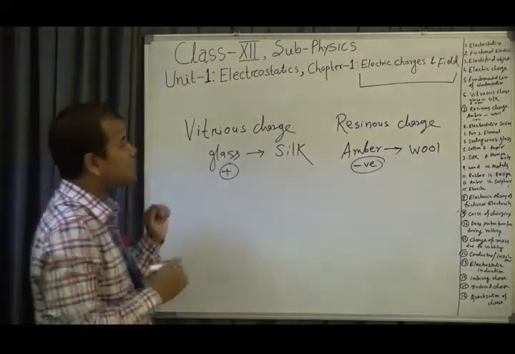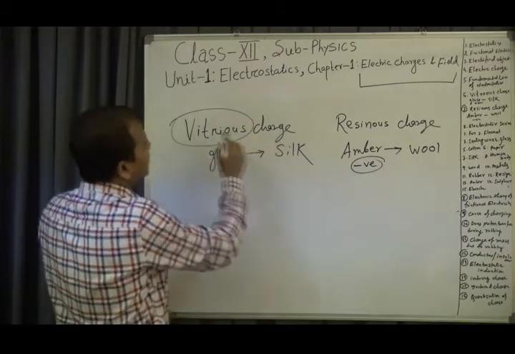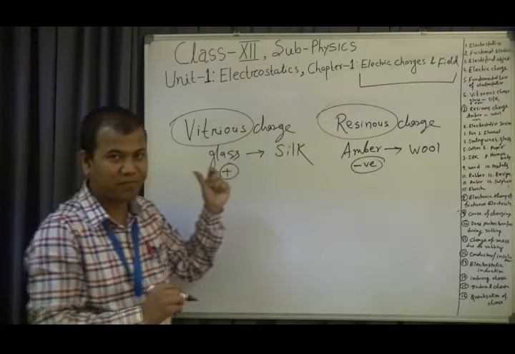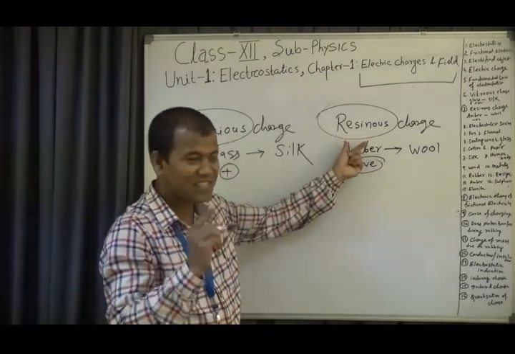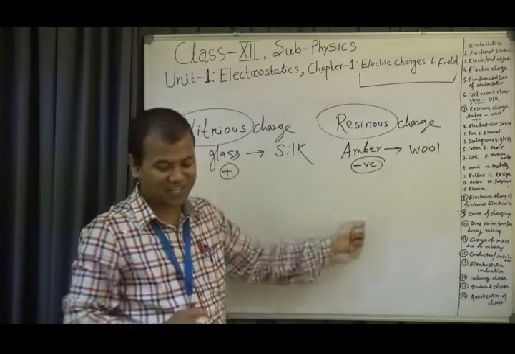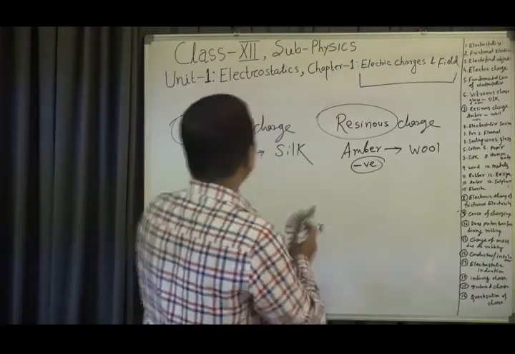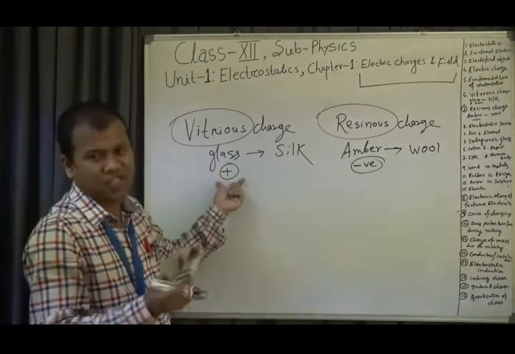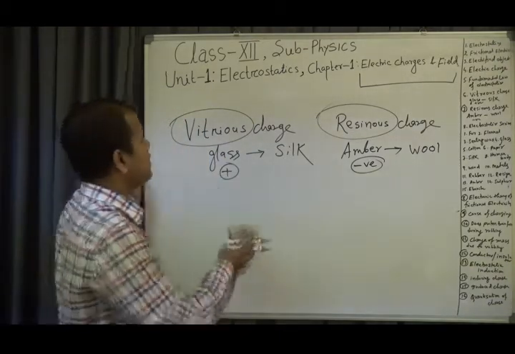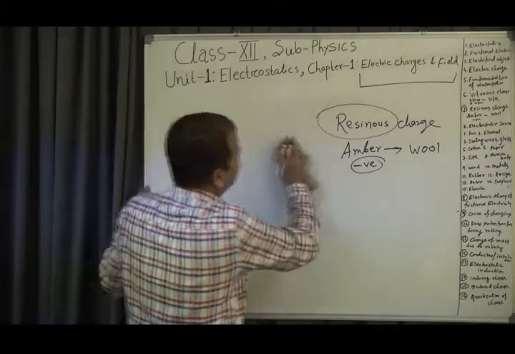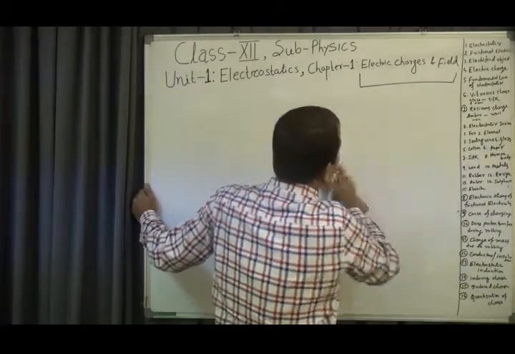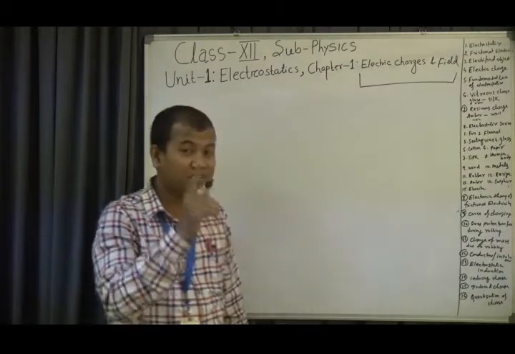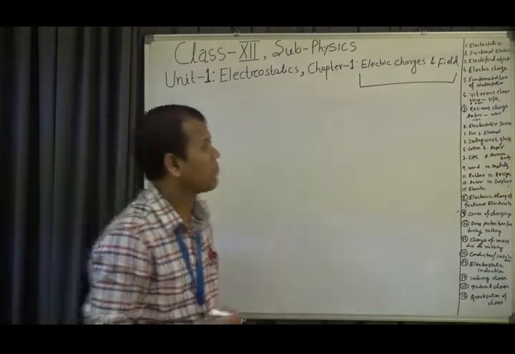So you came to know two new words: vitreous, that is positive, and resinous, that is negative charge. In modern times we talk only about positive and negative charge, but previously the name of the positive charge was vitreous charge, and the resinous charge was the negative.